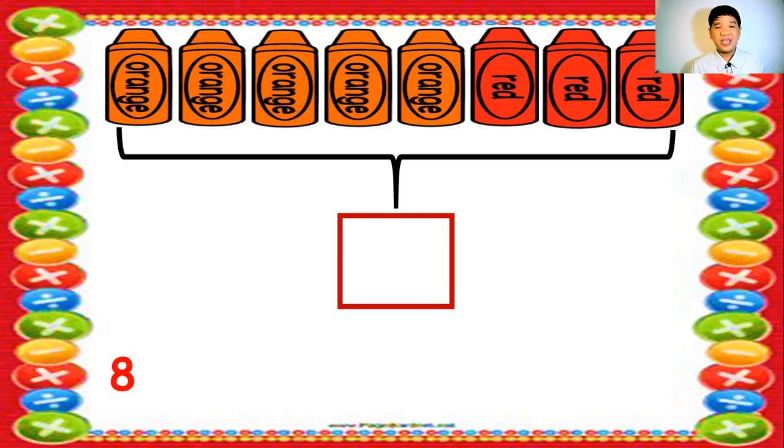So the answer is there are 8 crayons altogether. So we have to write here inside the box number 8.